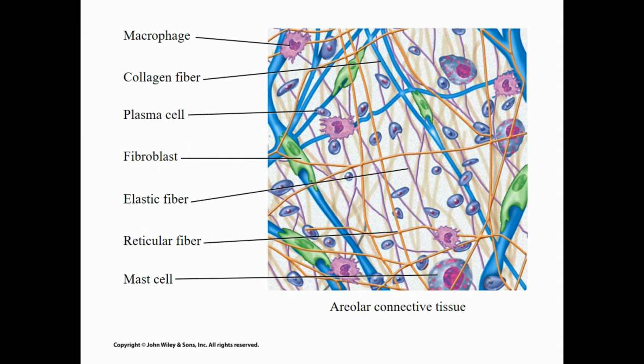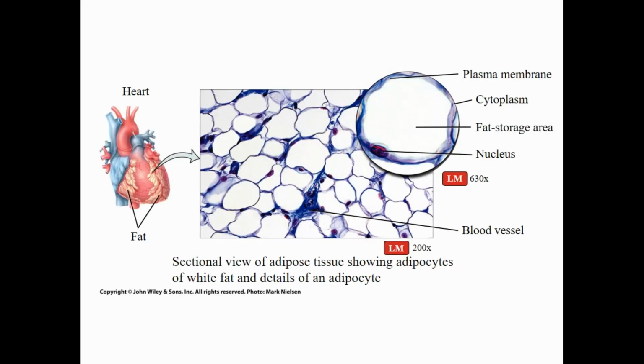And here's the artistic version. As you can see, there just seems to be a lot of space in between the fibers. And that would tell us that we're dealing with areolar connective tissue. Then we move to fat. Technically, it is adipose tissue, and it stores fat. So the name of the tissue isn't fat.